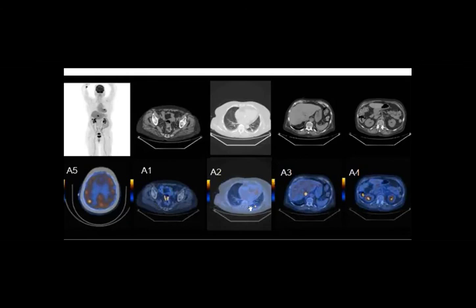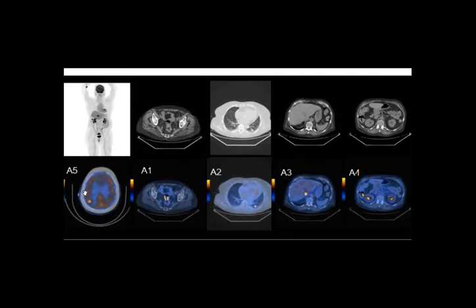And in the lung, you can see this high uptake focus nodule. And in the liver, there is a lesion beside the IVC here.